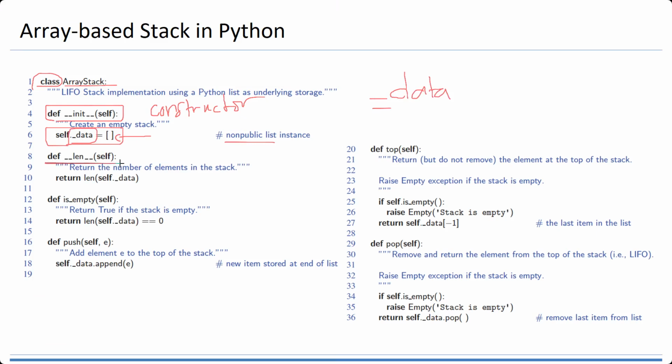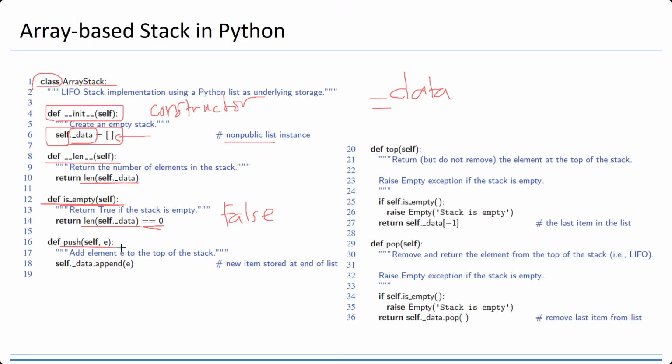And then length tells how many items are in the stack. Is_empty checks if the length of the data equals 0, then it returns true, which means the stack is empty. But if it is not 0, then it returns false, so I know that the stack has some items.